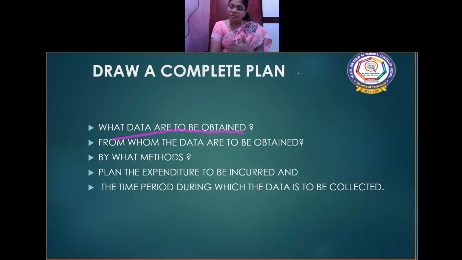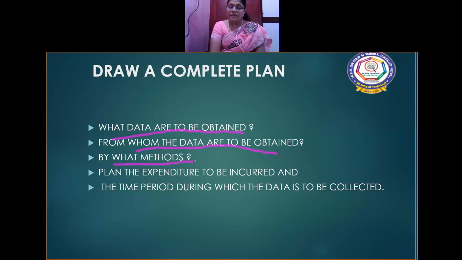So the statistician has to plan three things. First one, what data are to be obtained, second, from whom the data are to be obtained, and the third thing, by what methods. So what is the method he is going to follow to get the data.